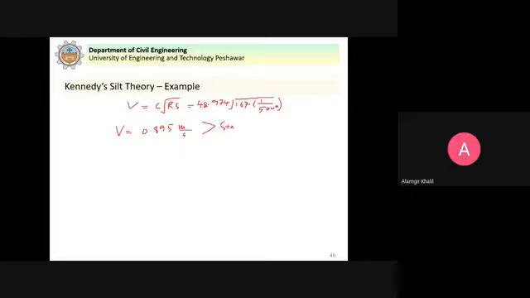The critical velocity is what is required because the channel should be non-silting and non-scouring. Its value, which we obtained in step number 2, is 0.857.